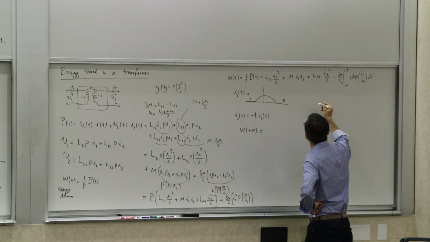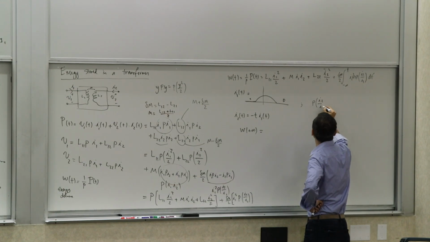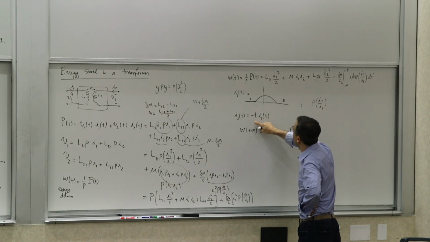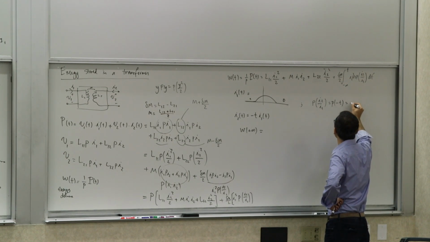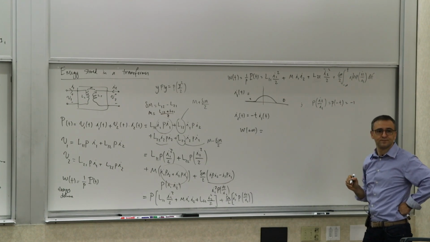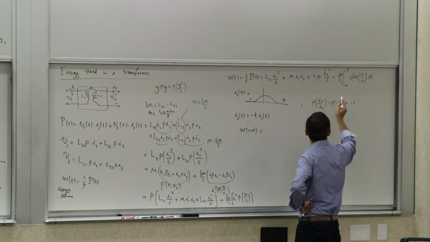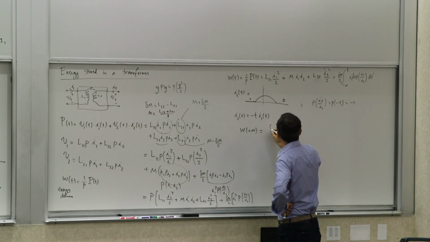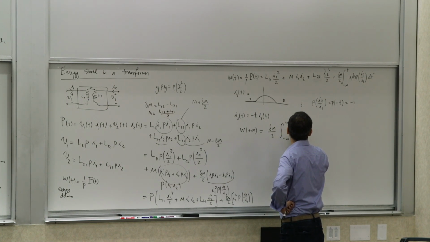So let's say, what is p of I2 over I1 for this definition? Well, I2 over I1 is negative t. It's p of negative t. So it's negative 1 for this particular function. So it becomes delta m over 2 integral of negative infinity to positive infinity of I1 of t squared with a minus sign, right?